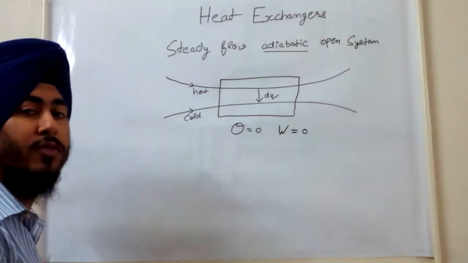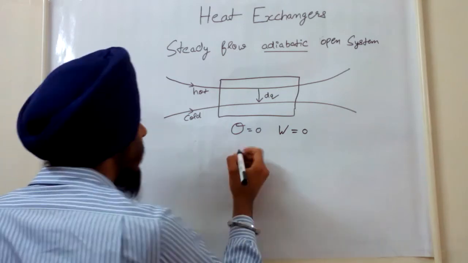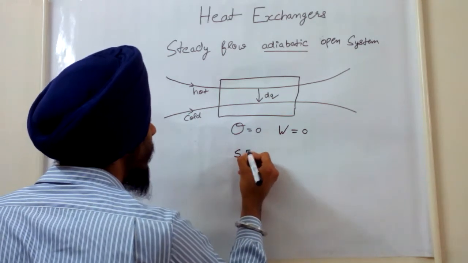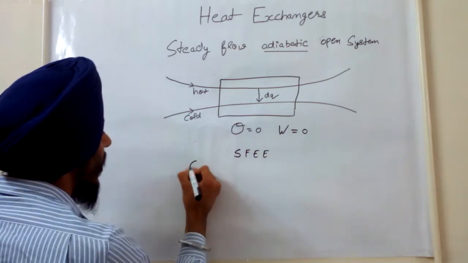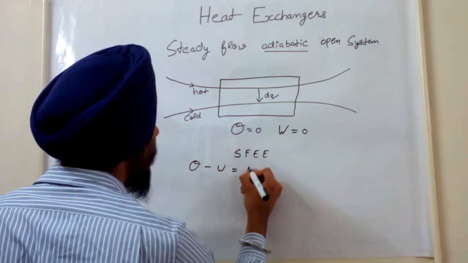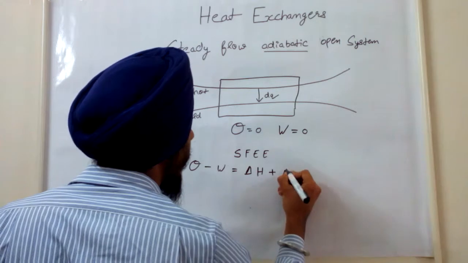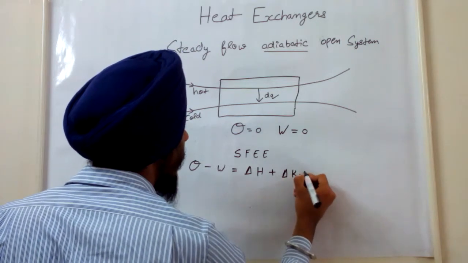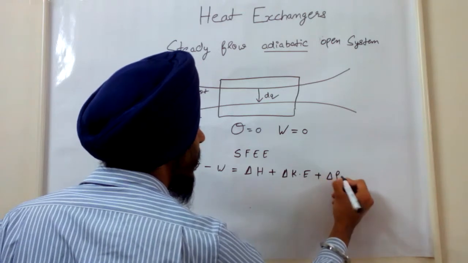So now, writing the first law of thermodynamics for this heat exchanger, let us write the steady flow energy equation. Q minus W is equal to change in enthalpy plus change in kinetic energy plus change in potential energy.